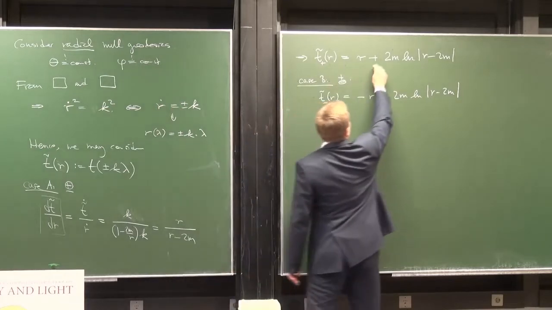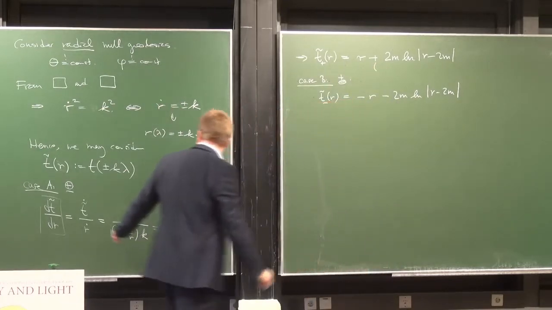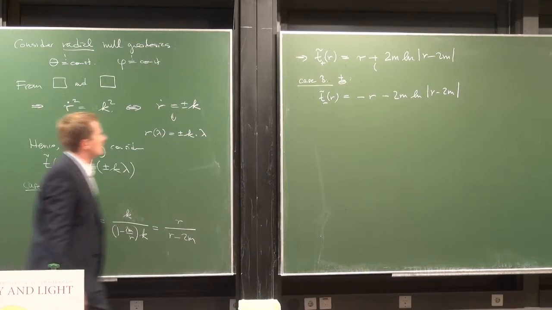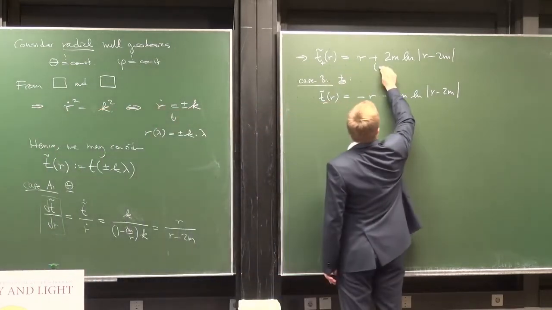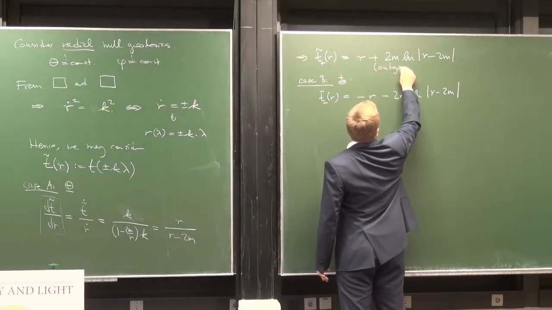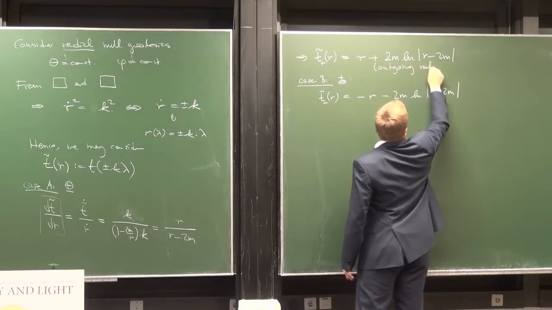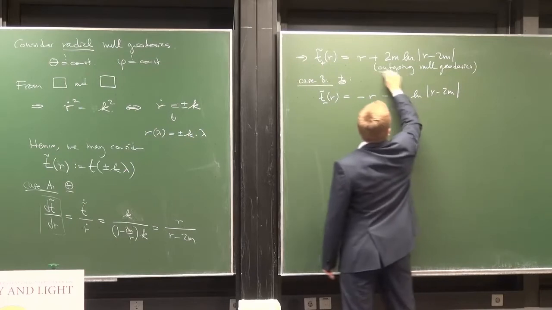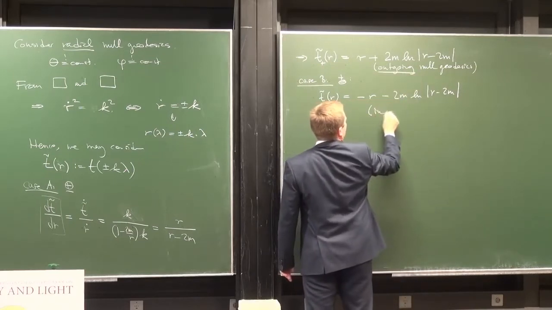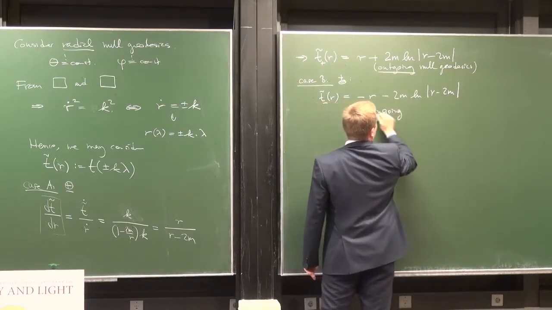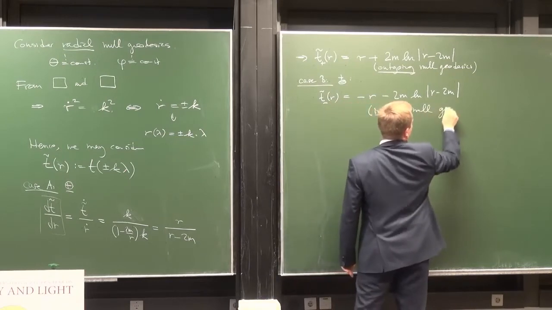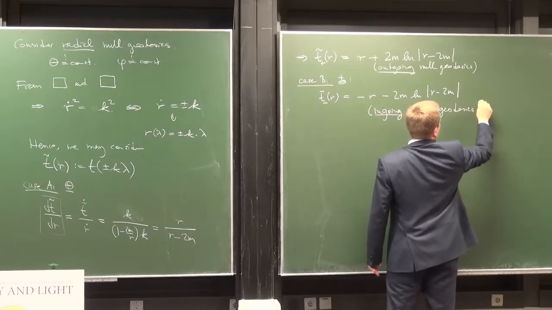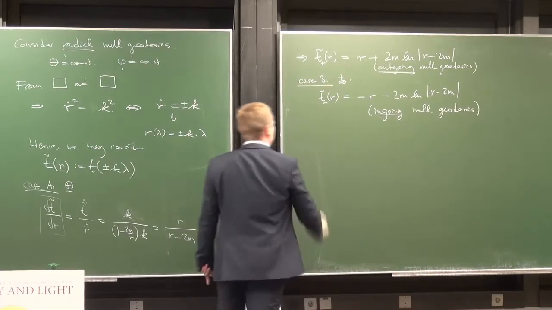These you can check by looking at the sign of this. These up there are the outgoing null geodesics. You'll see in a second why we call them outgoing. And these are the ingoing, or infalling, null geodesics. Well, let's draw this picture.